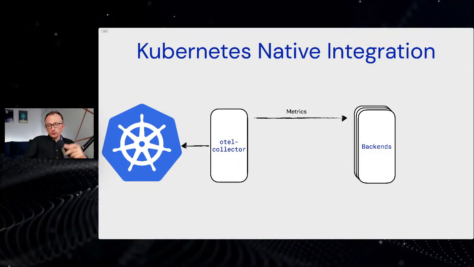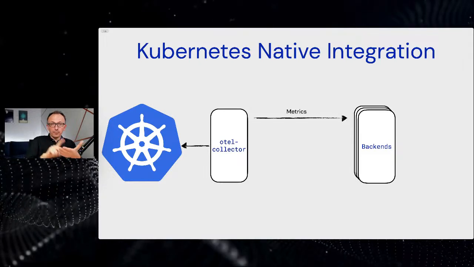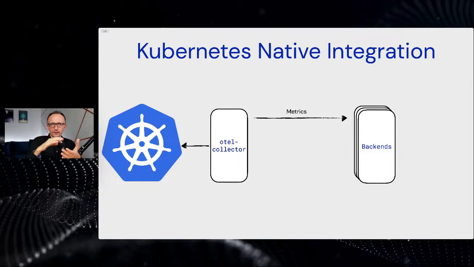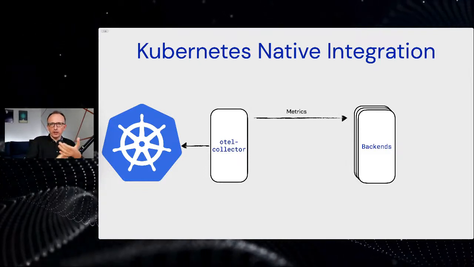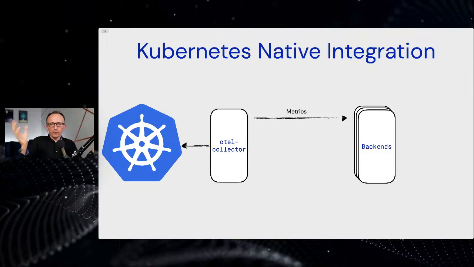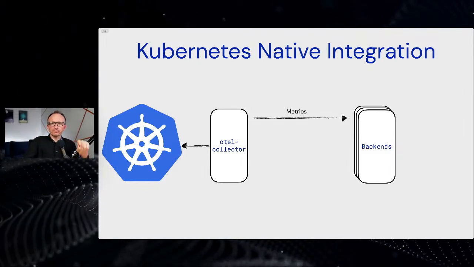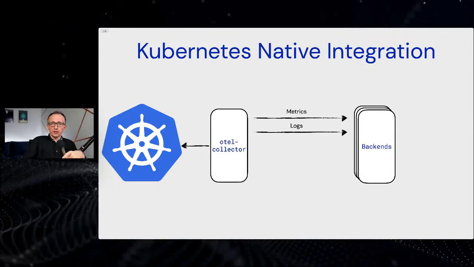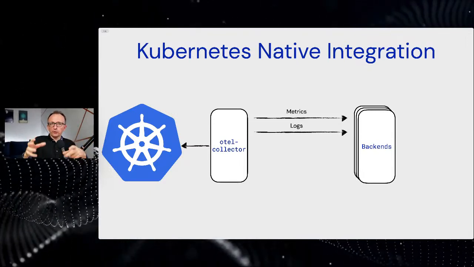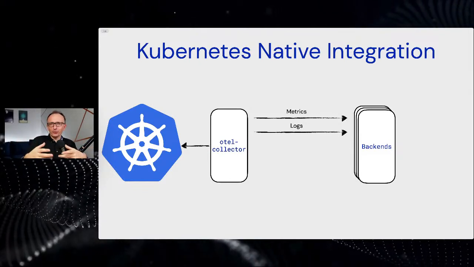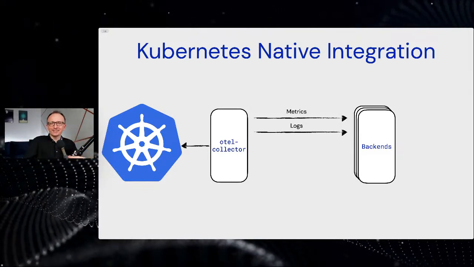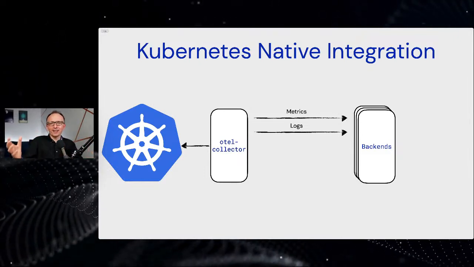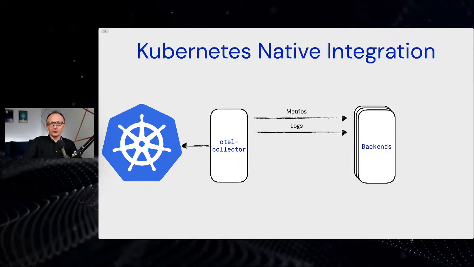You can, including metrics from your applications, but also from your Kubernetes components, like control plane components, like the scheduler and various controllers as well. You can also send logs from your Kubernetes cluster, including logs from your containers, but also logs from your components. So logs from the scheduler and operators and any kind of piece of software that you have running on your Kubernetes cluster.